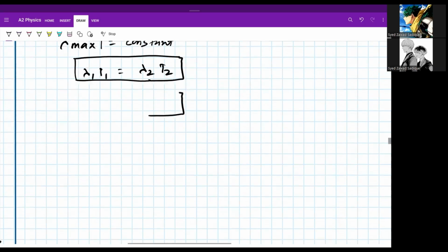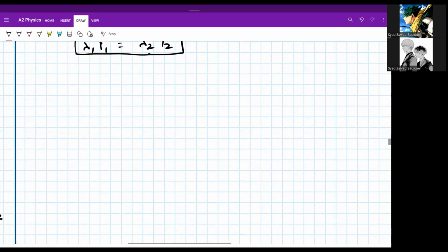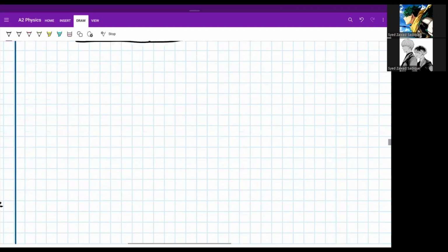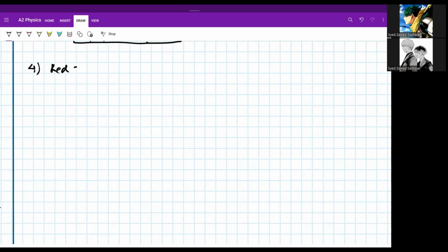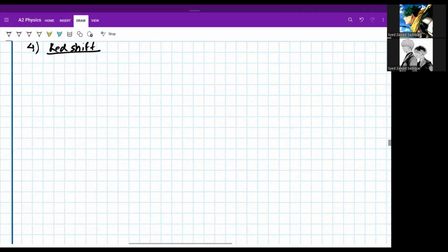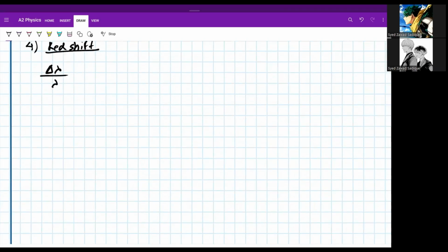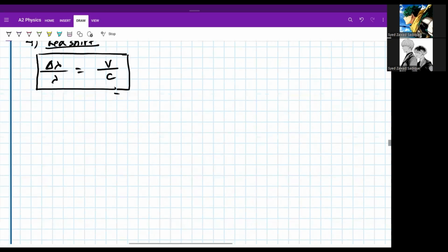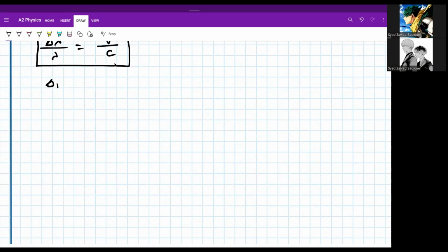Next concept is redshift. Redshift is change in wavelength by the given wavelength equals V divided by C. Or we can also go for change in frequency.